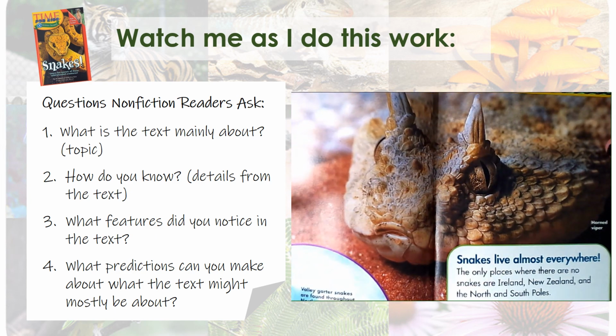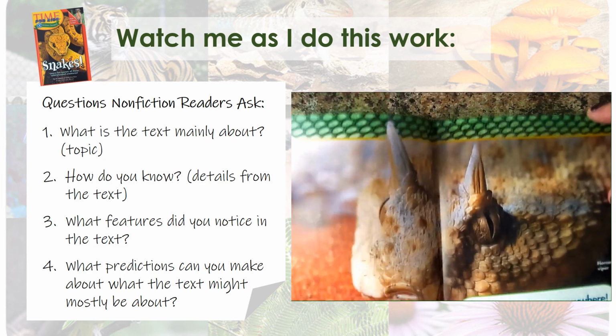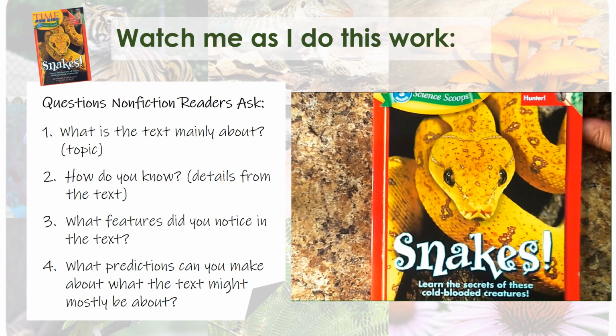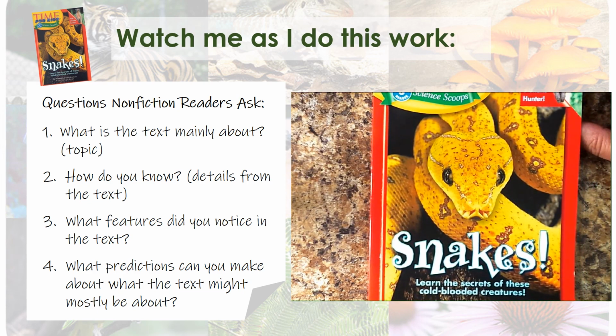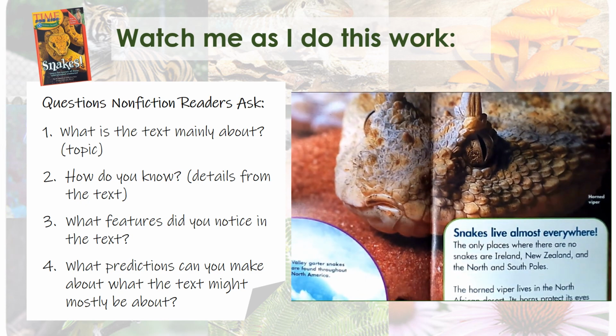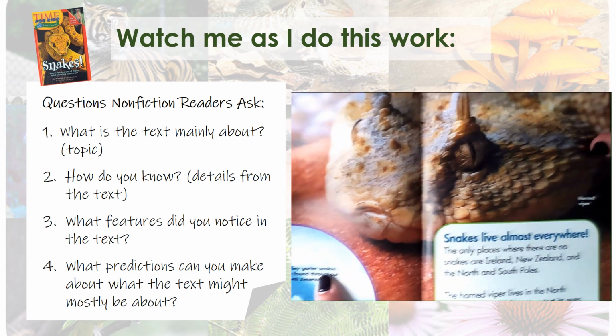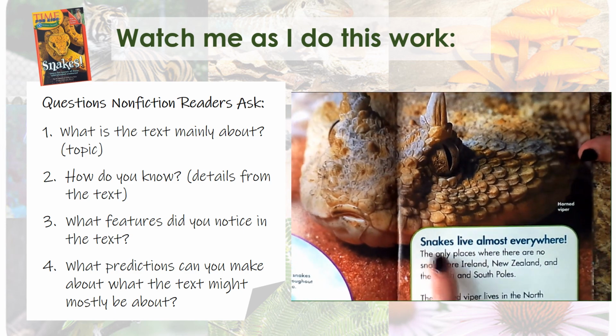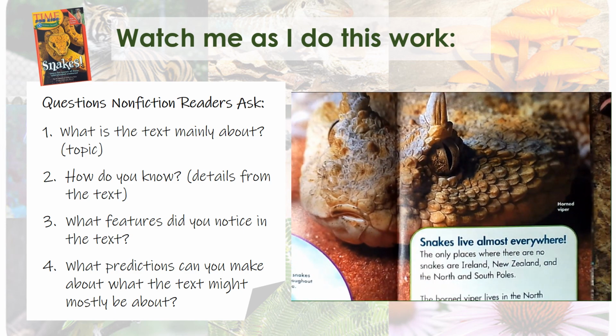But not only do I see pictures of snakes, I'm going to look back. The title of the book is Snakes. And remember how I said the word snakes is popping up over and over again in the text. That is how I know this text is mostly about snakes. So let's move on to the next question.